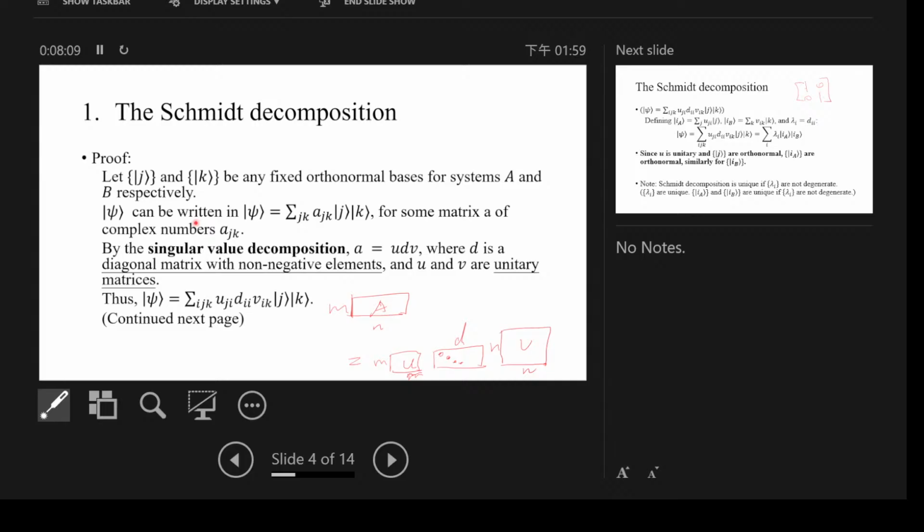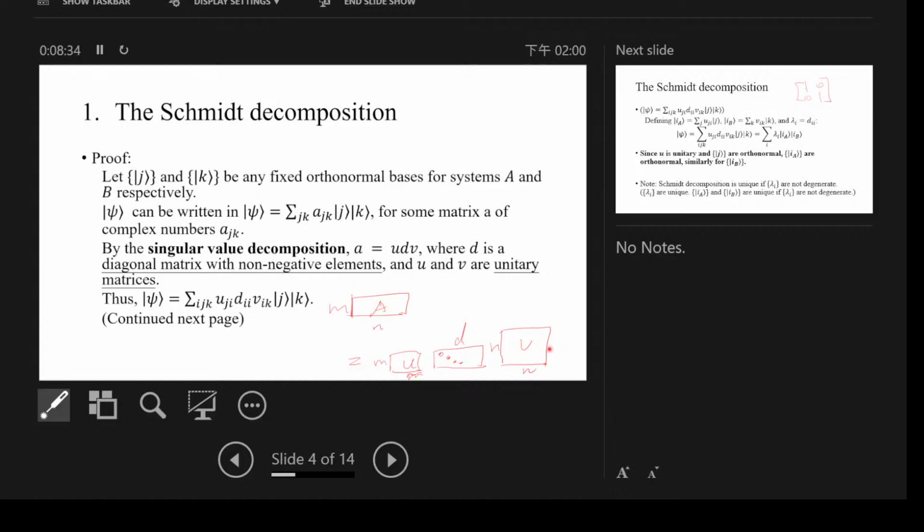Anyway, this linear algebra thing says that any matrix can be written in a singular value decomposition, and what we are applying it to is this matrix A. So whatever matrix A you have, you can write it as a product UDV.